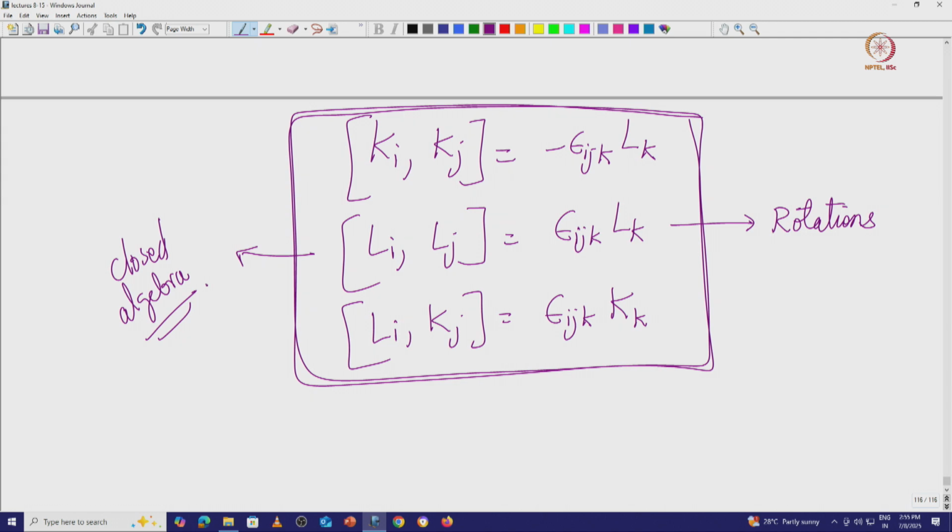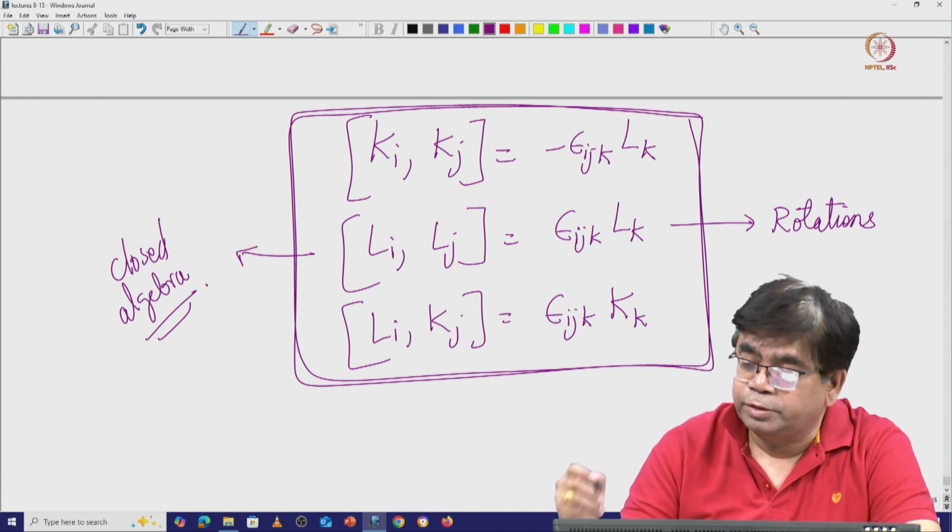Whereas a rotation and a boost gives you back a boost. A commutator of a rotation and a boost can be expressed in terms of a boost.